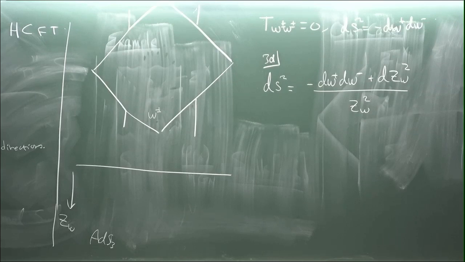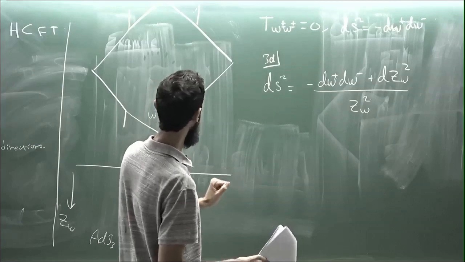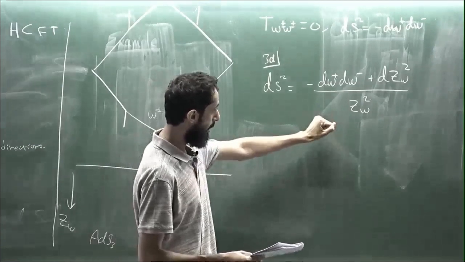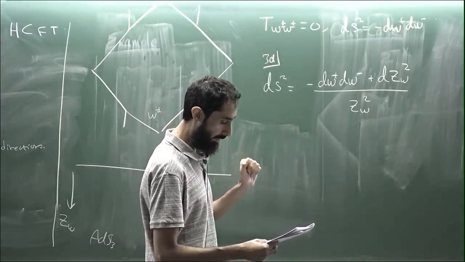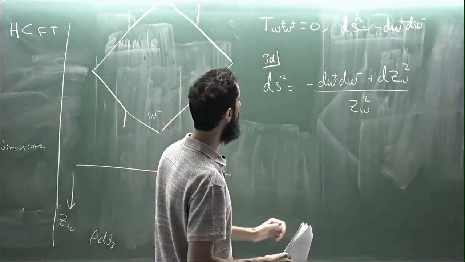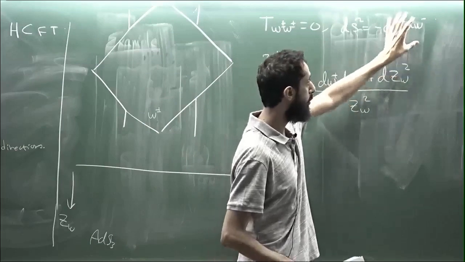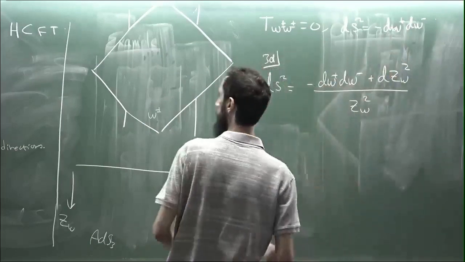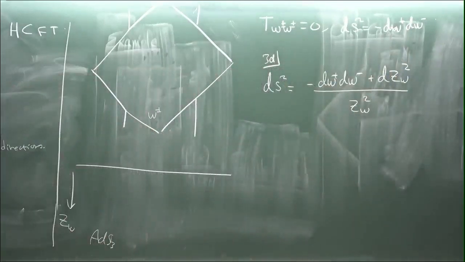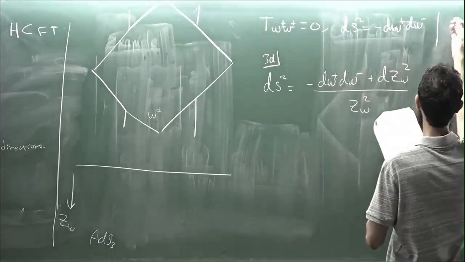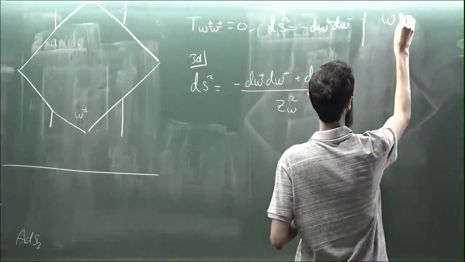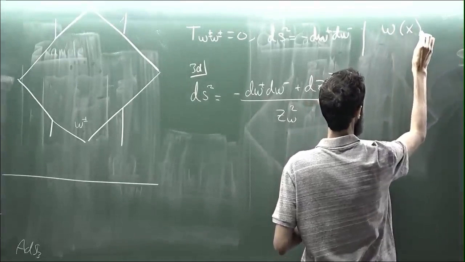The location of the cutoff surface is found by relating the cutoffs of the theory defined in this W plus, W minus coordinate, with respect to this AdS2 coordinate or the flat coordinate here. So there's a coordinate transformation between these, some W of x.